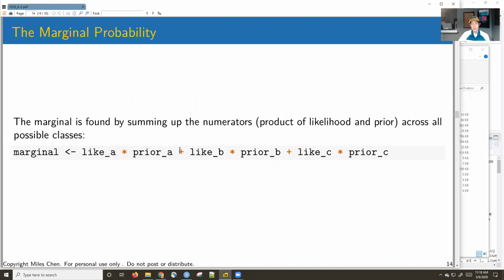So the marginal is equal to the sum of the likelihood times the prior for A, the likelihood times the prior for B, and the likelihood times the prior for C. That gives me the marginal probability.